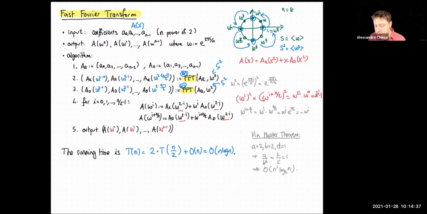Because we've chosen roots of unity this way, the squares halve in size, like going from green to blue. We do 2 subroutine calls to evaluate the even powers on the squares and the odd powers on the squares. And we recombine, using, for each of the 2 pairs of elements that square to the same object, the expression given by this one. We reconstruct all of these and then we output them, okay?